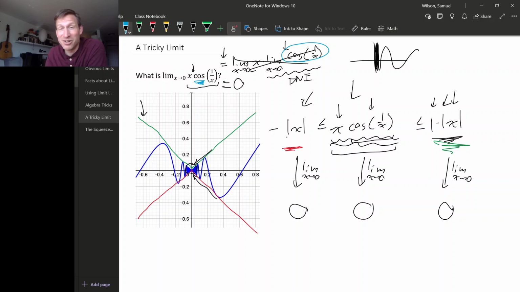So using the limit laws directly failed. But because cosine is bounded by +1 and -1, that let us put nice bounds on the product, x times cosine of whatever, and that let us use this squeeze theorem, because the outside functions are pinching our function and forcing the limit towards 0.